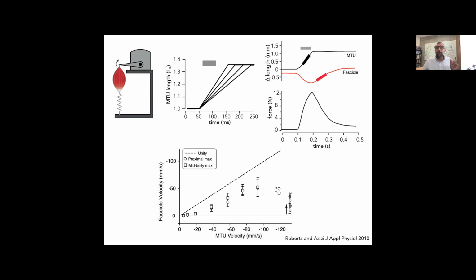And so we did want to look at what are the benefits of turning that on earlier prior to the stretch. So we did experiments where we did it 50 milliseconds before the stretch, right at the onset of stretch, and 50 milliseconds after the onset of stretch. And what we found was actually the maximum loading rates onto the fascicle were largely the same. What really differed between those was the operating lengths.